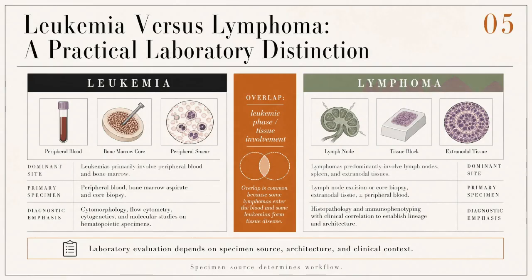In contrast, lymphomas predominantly present as tissue masses involving lymph nodes, spleen, or extranodal sites like the gastrointestinal tract or skin. Follicular lymphoma and diffuse large B-cell lymphoma, DLBCL, exemplify this group. Here, the histotechnologist's role centers on preserving tissue architecture through proper fixation and embedding.